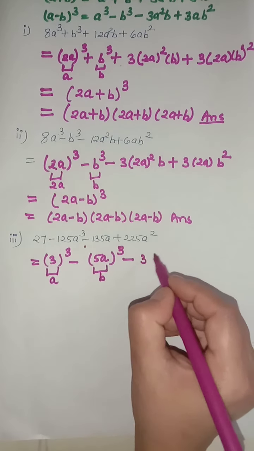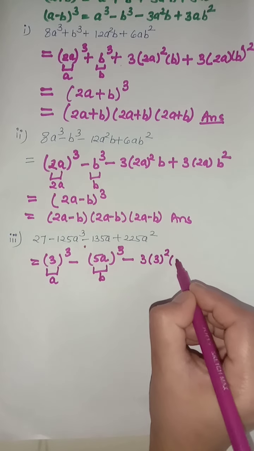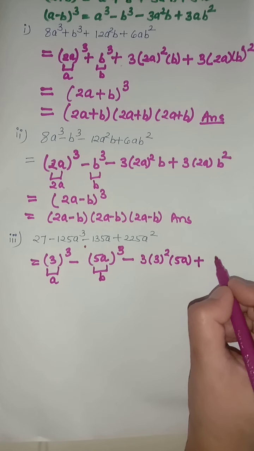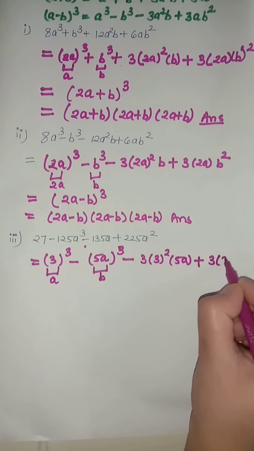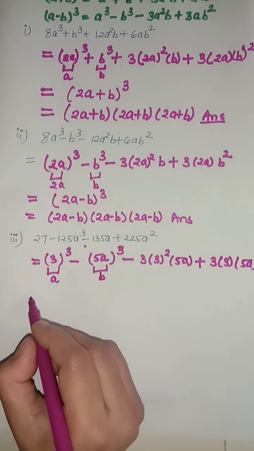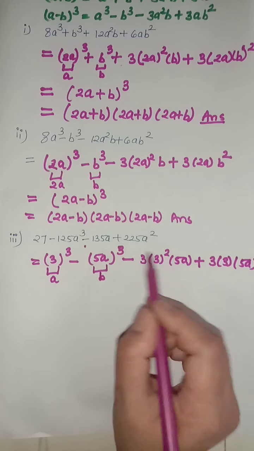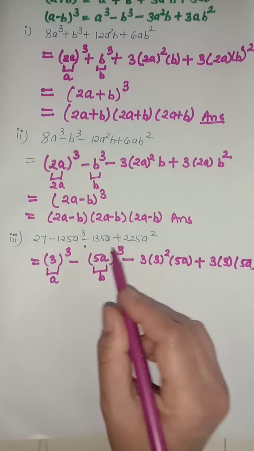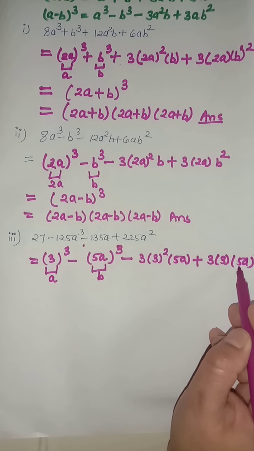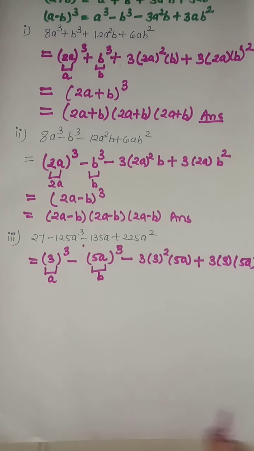So 3a square b: a square means 3 square, b means 5a, plus the next step 3ab square: 3a means 3, b square means 5a whole square. You can check also: 3 3s are 9, 9 3s are 27 and 27 5s are 135. In the last step 3 3s are 9, 9 into 5 5s are 25, you will get 225.